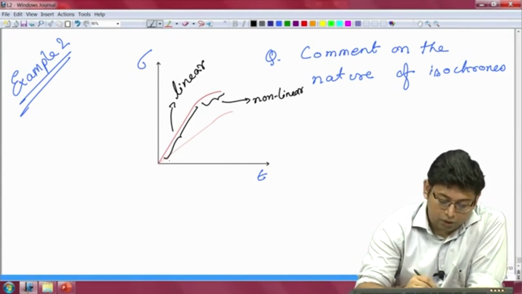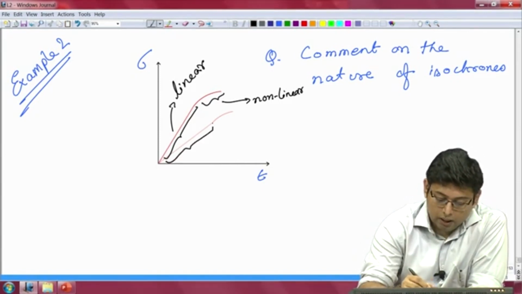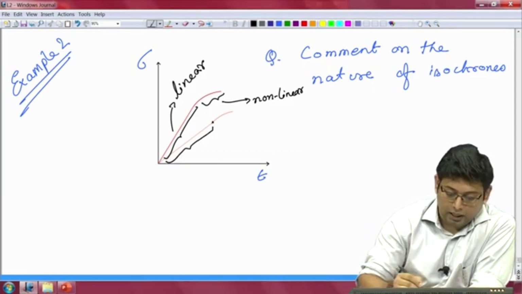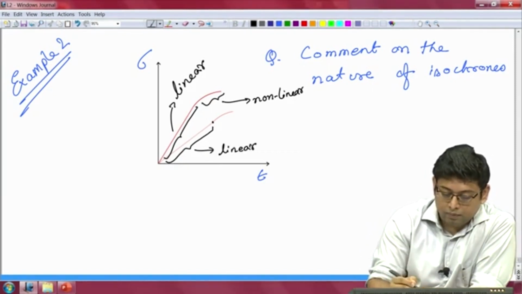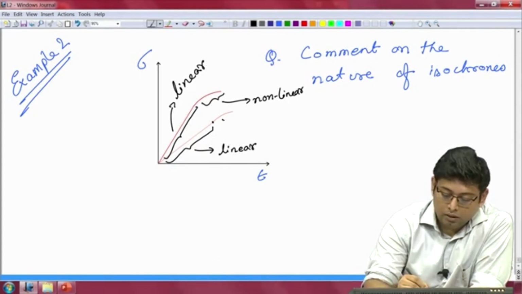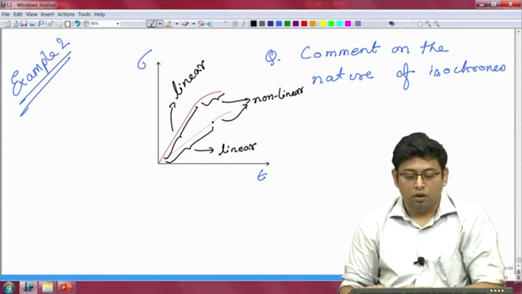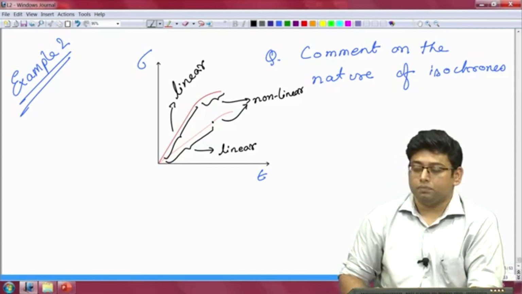Similarly, for the other isochrone, this part, approximately till here, looks as if it is linear, and then this other part seems as if it is non-linear.